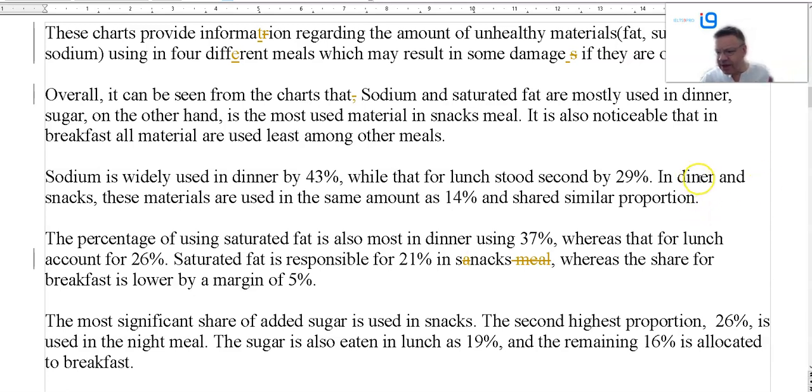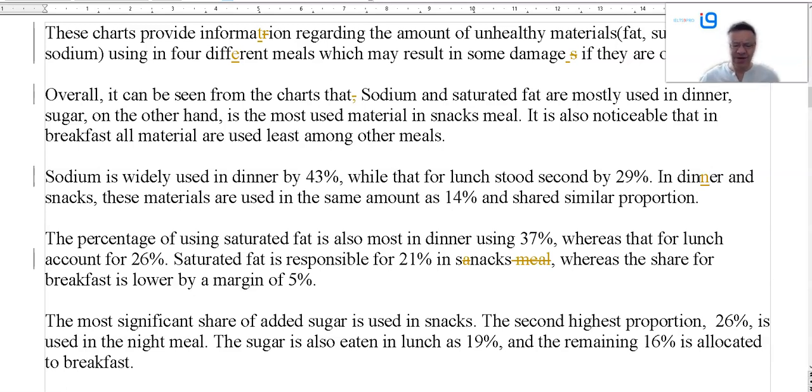And also, now, I might not correct every single grammar point or spelling point, because there's 5 and I don't have the time. So why did you do 5%? Well, that for lunch. What? While the amount of sodium stood second? How does it stand? In dinner and snacks, the same amount of 5%, shared a similar proportion.